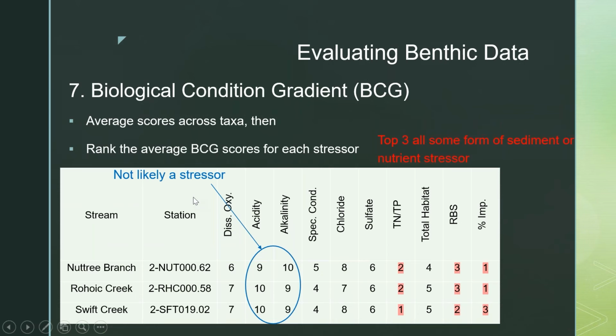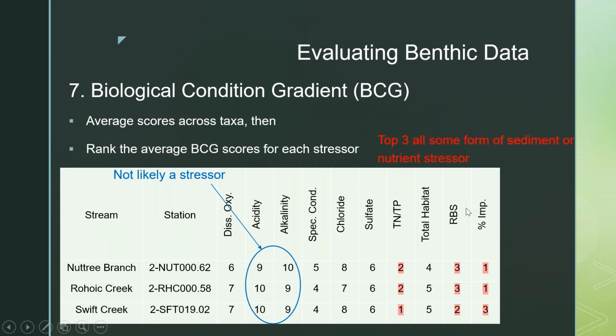So what's another way to look at this biological condition gradient data? We looked at the most prevalent species, but now let's look across all species that are present. Let's take an average, and you could do this as a weighted average based on community composition, or just a straight average, of the attribute 5 score across the different taxa, and average that for each of the parameters.